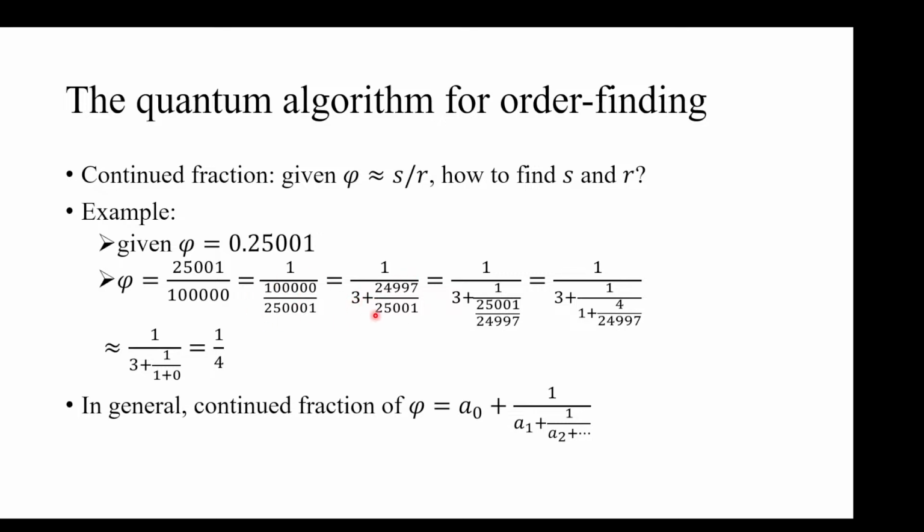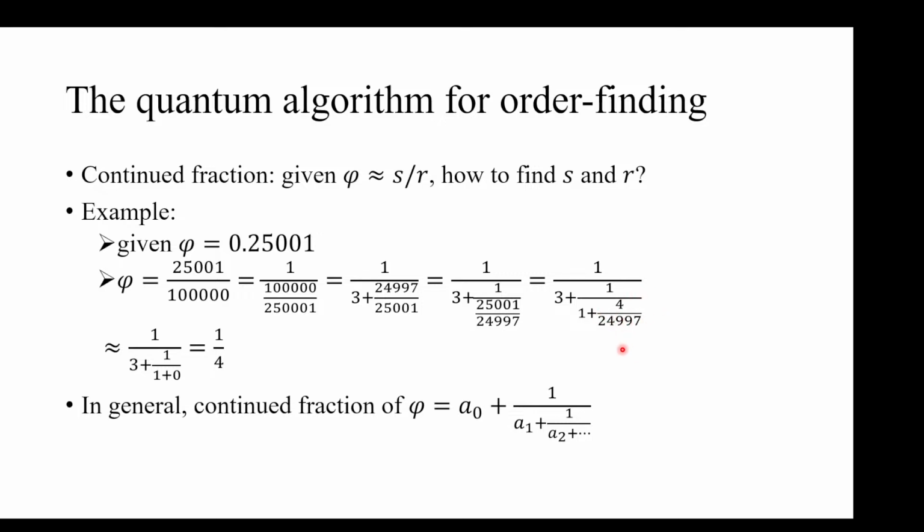So you divide this and you see the 3 plus the remainder being 24997 over 25001. And you flip this around once again, it's 1 over 25001 over 24997, and then you do this division again, then it's 1 plus, this is just 4 over 24997.